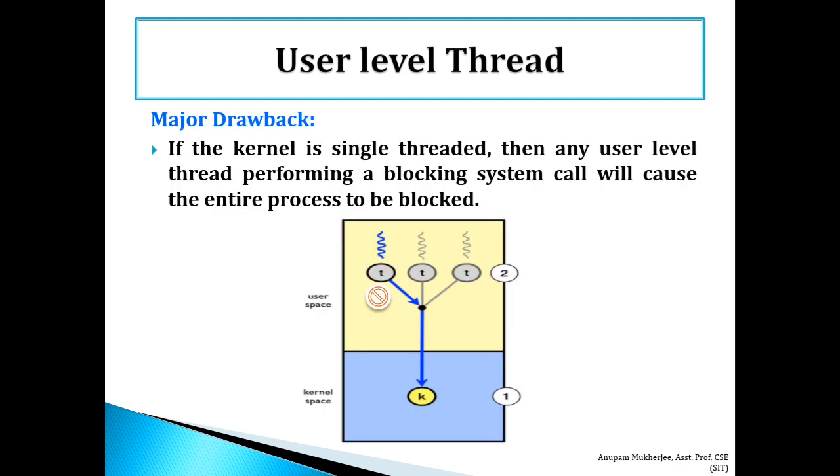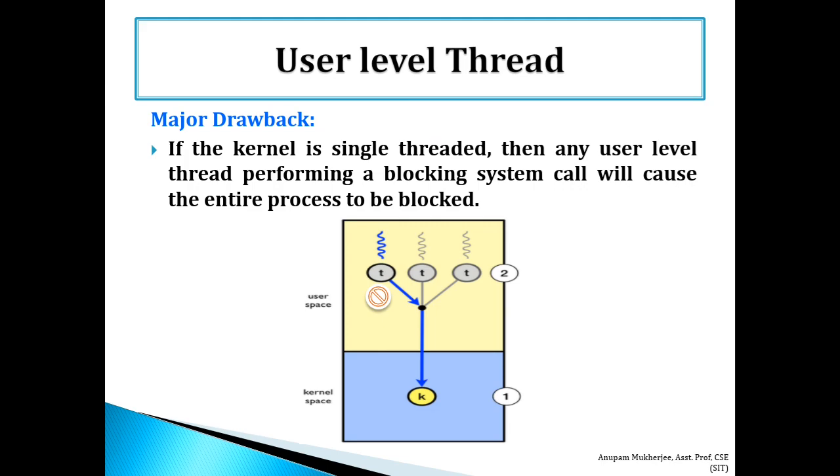So what is the major drawback of user level thread? Look at the diagram. The blue portion indicates kernel space and the yellow portion indicates user space. In kernel space, if the kernel is single threaded, there is only one kernel present, and three user threads want to access the kernel.